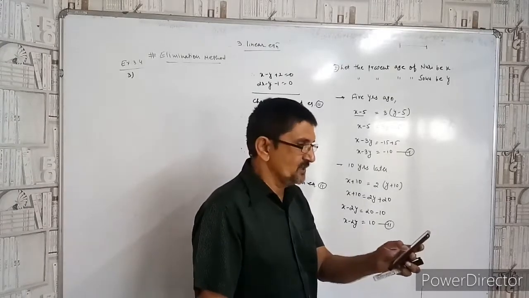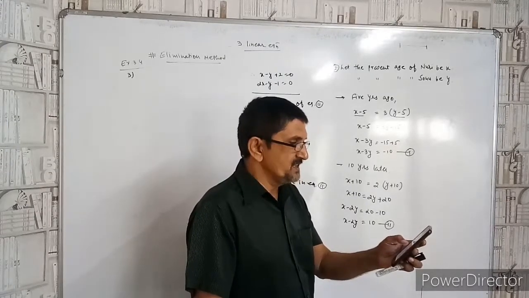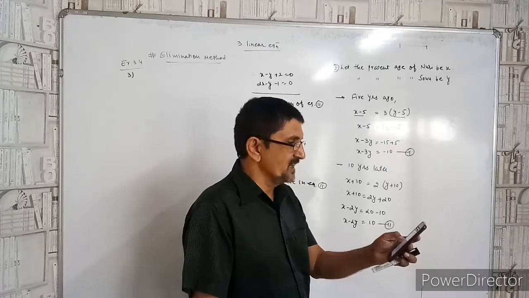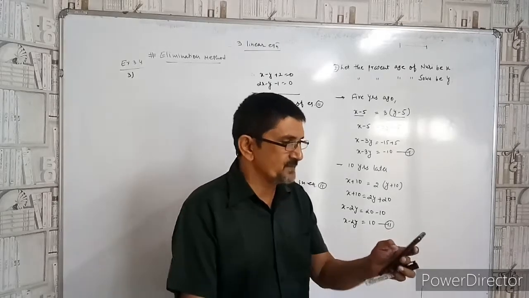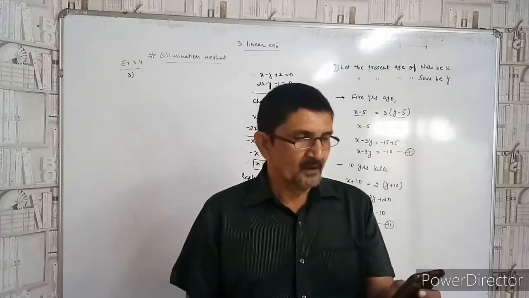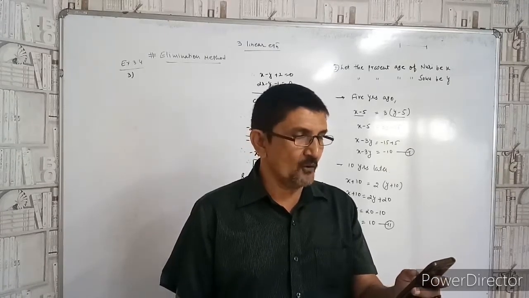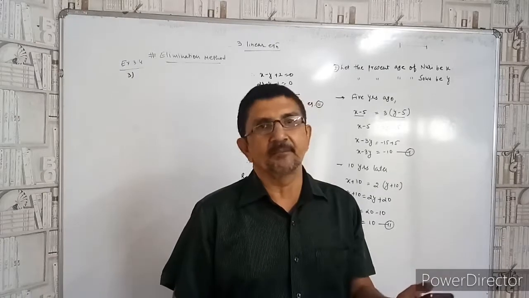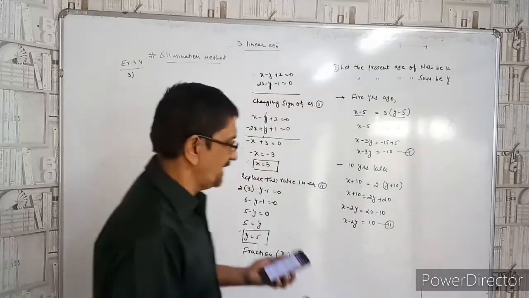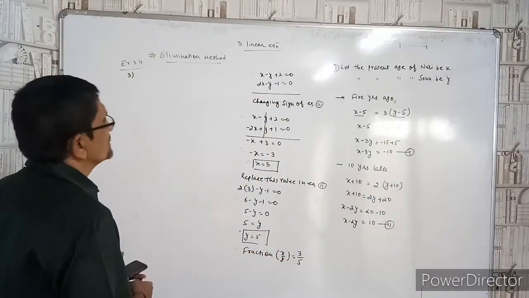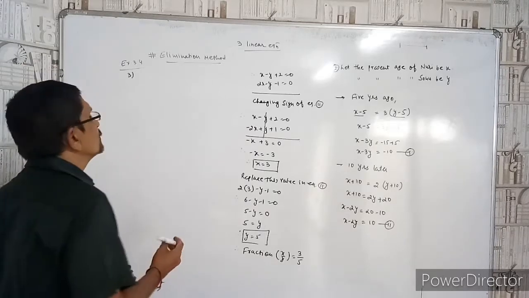Okay, otherwise the question will say the sum of the digits of a 2-digit number is 9. Also 9 times this number is twice the number obtained by reversing the order of the digits. Find the number. So here some comparisons are given. First of all, we consider it is a 2-digit number.